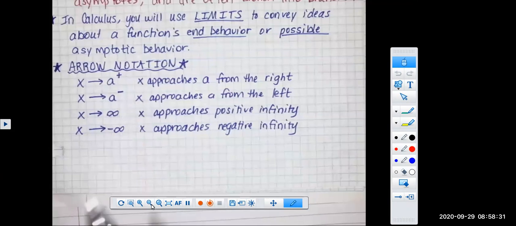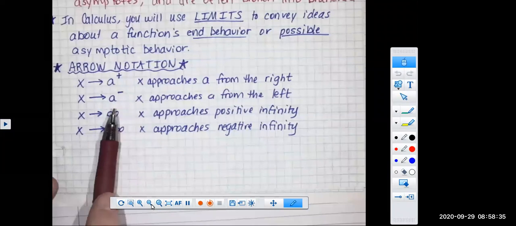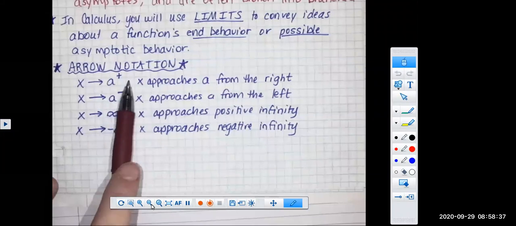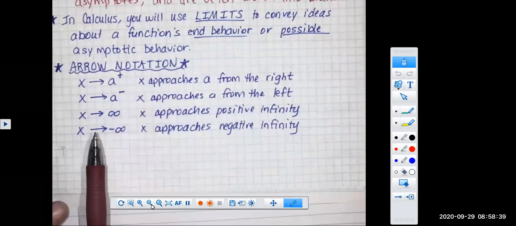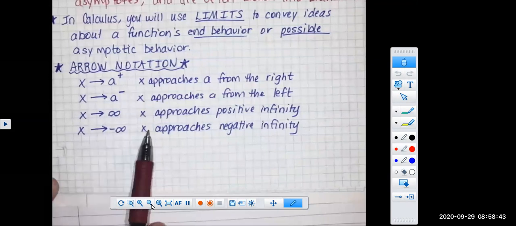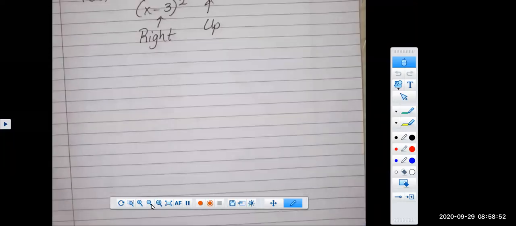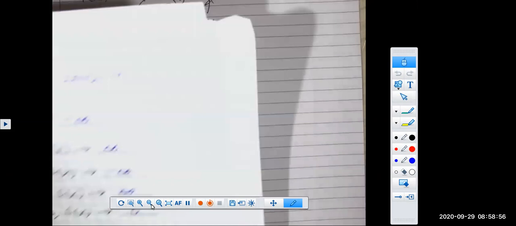So x is approaching a from the left, x approaching a from the right. I mean, left. I got them backwards. Sorry, don't mean to confuse you. All right, and then this would just be as x approaches infinity and x approaches negative infinity. There's really not a lot of work to it other than just examining the graph, but it's just getting used to the notation at first.